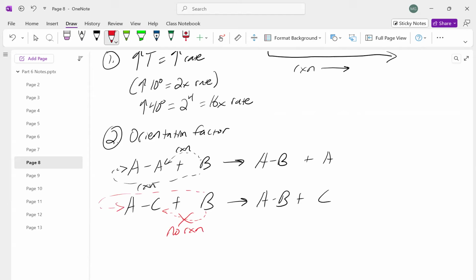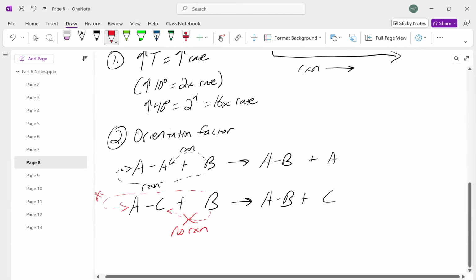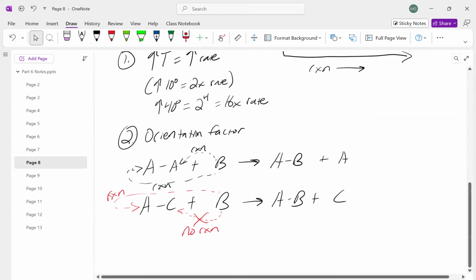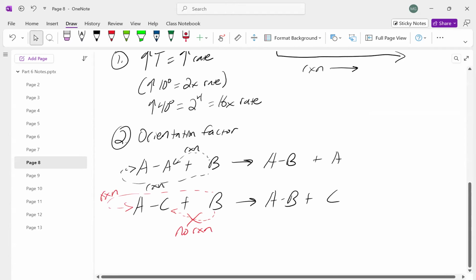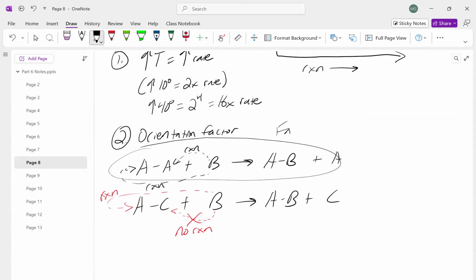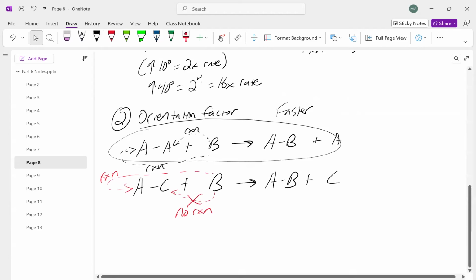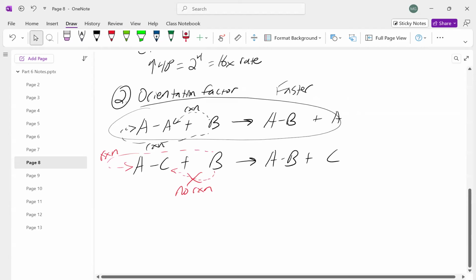Versus if it collides with A, that does result in a reaction. But you can see that there's more possibility of collisions in the first one, and that results in a faster reaction because there's more collisions that will result in the intended product.